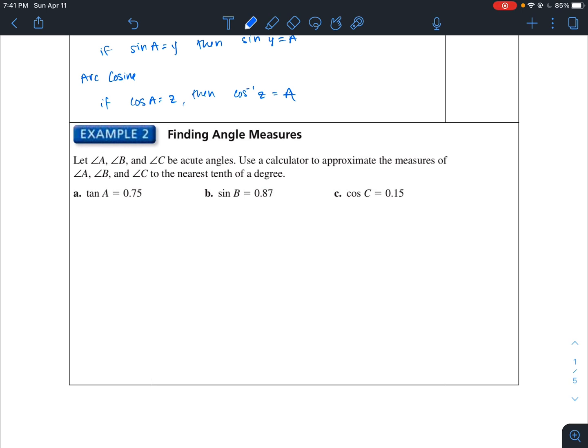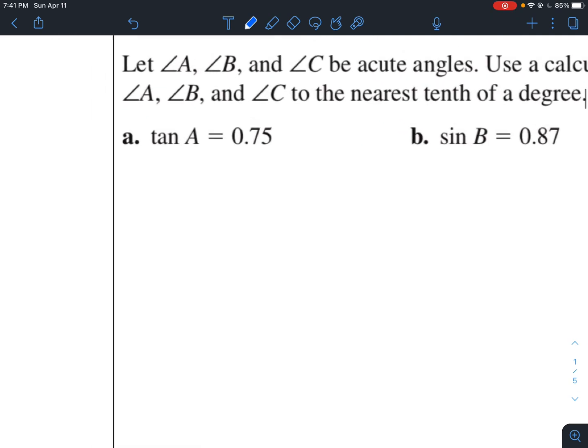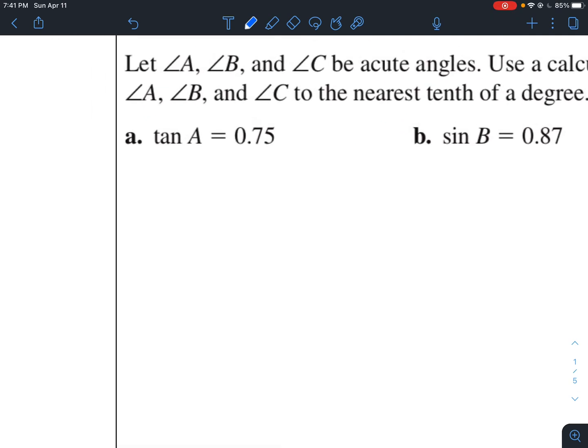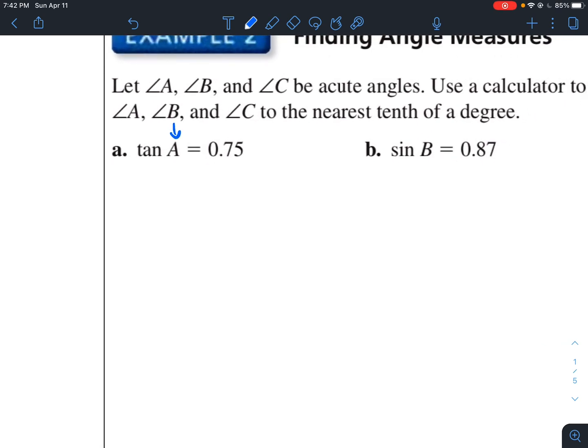So here we have tangent of A is equal to 0.75. Now we want to solve for A. In order to solve for A here, this is an equation and we have two sides. To get A by itself, I'm going to use tangent inverse.